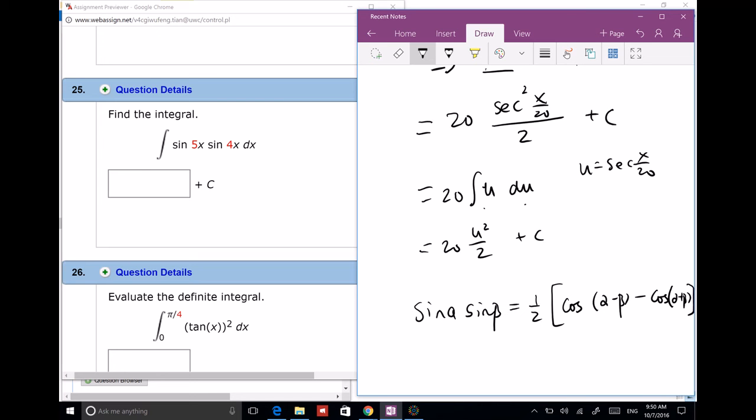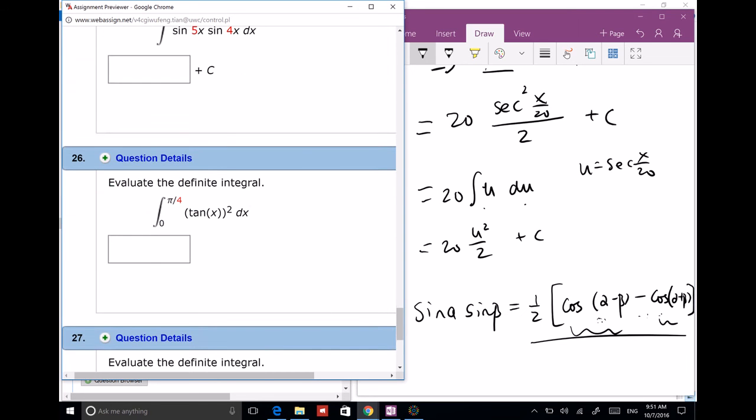You use this formula, and right now it is a multiplication, 5x times 4x. If you change that into a summation or difference, then you just have cosine x, cosine 9x, cosine x. So we just separate them. It's just a simple trig integral.